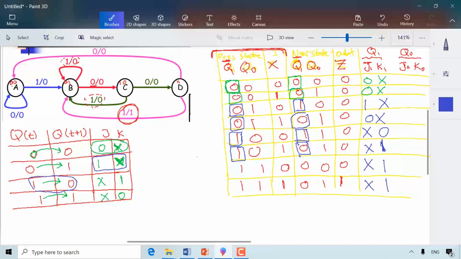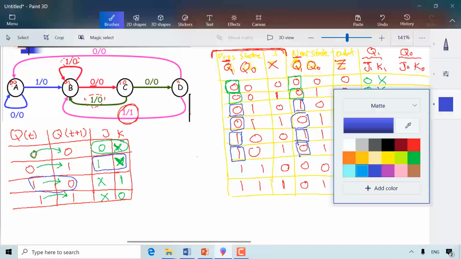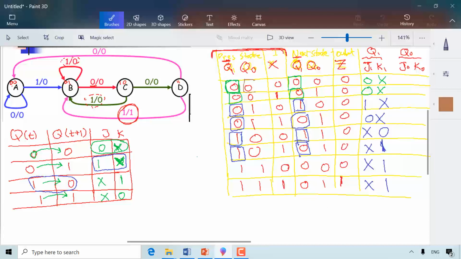Now let's take a look at Q0. When the present state is 0 and the next state is 0, this is 0x. When the present state is 0 and the next state is 1, 0 1 is 1x.